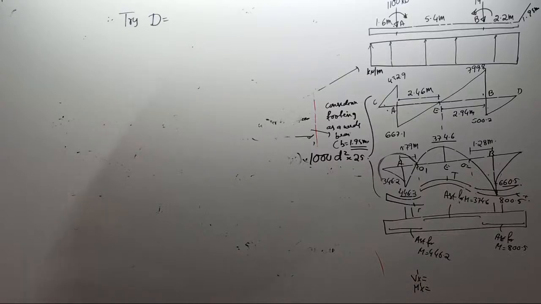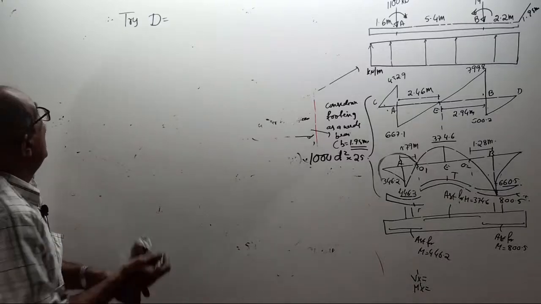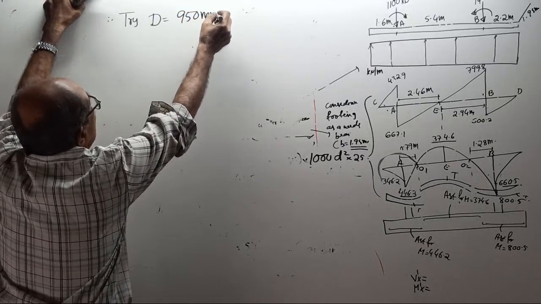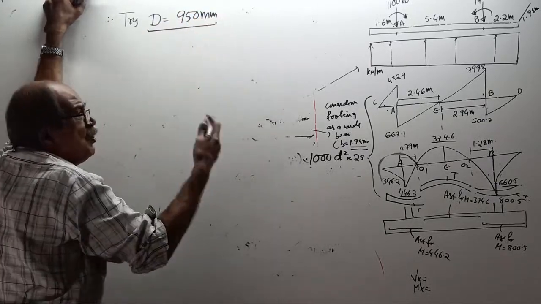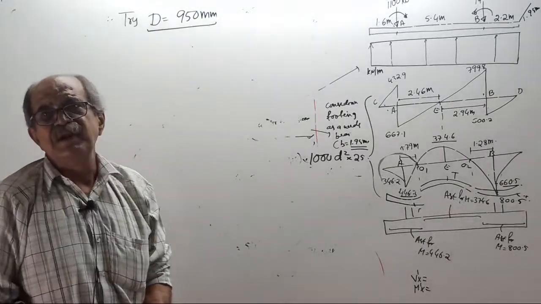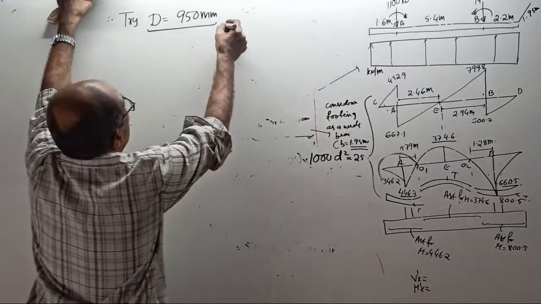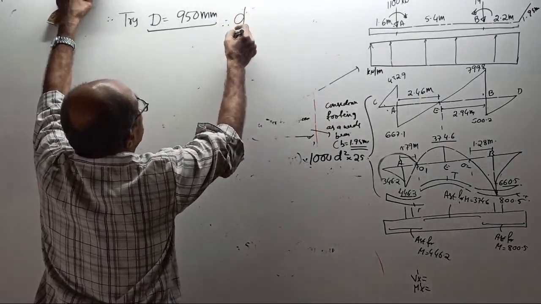Increase slightly, round off. 950 millimeter. Okay, I will try 950 millimeter, or even 900 will also be okay. That is not 75, say 70%. Okay, 950.